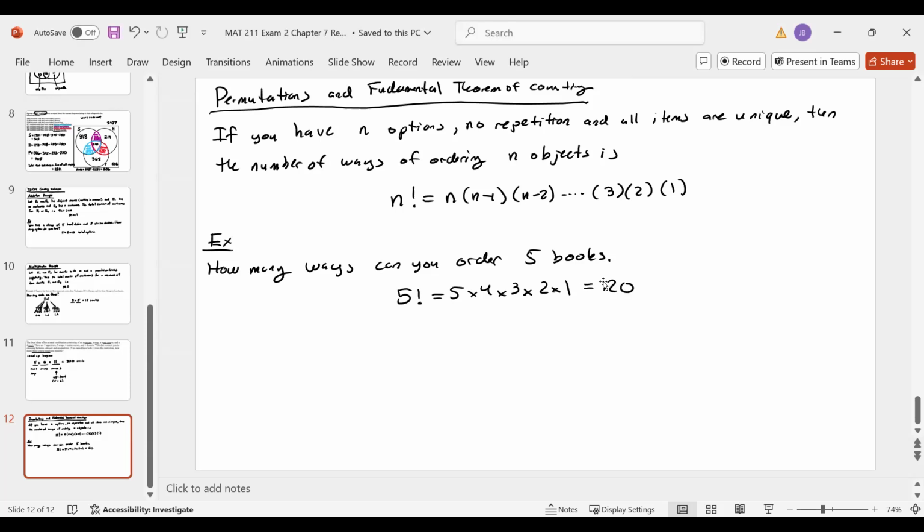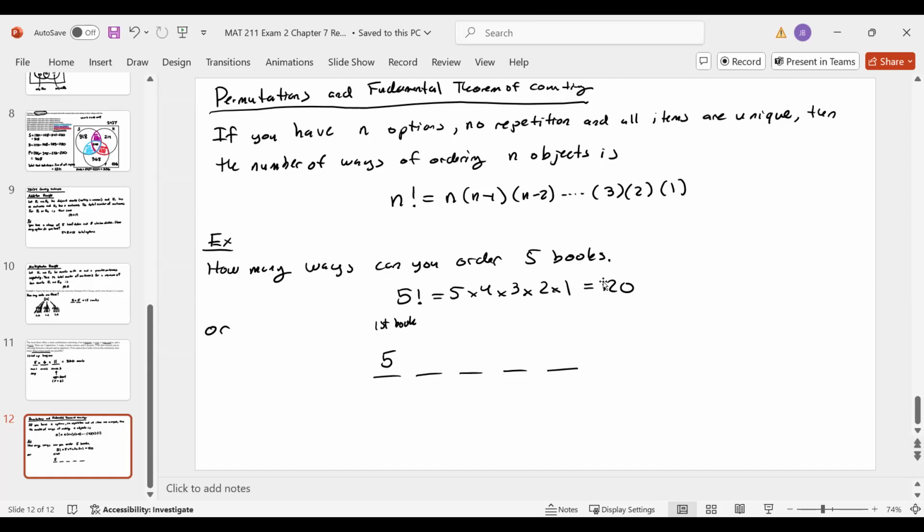But you could also just think about this in terms of the hangman game, right? So this is why I like doing this, because for most problems, it works out pretty well. How many books am I ordering? So I have 1, 2, 3, 4, 5 books, right? I have 5 books. And then I ask myself, how many options do I have for the first book? So I have 5, right? First book.